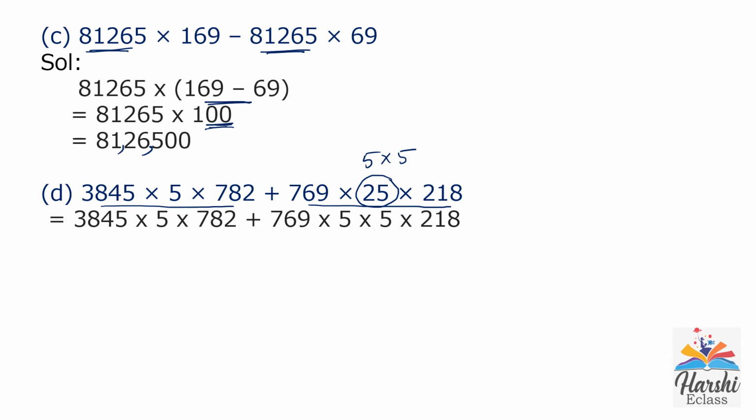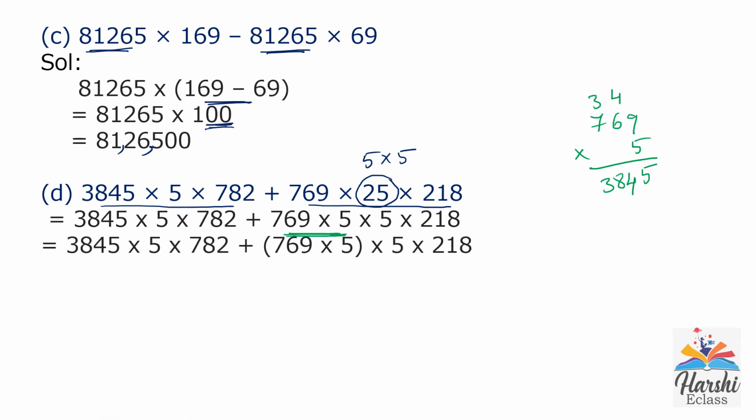Then 769 multiply it with 5. 769 with 5. 5 nines are 45. 5 sixes are 30 plus 4, 34. 5 sevens are 35. 35 plus 3, 38.